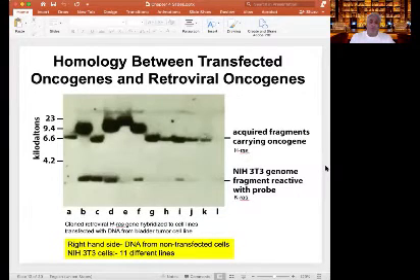So these are results from experiments where probes are used to identify, along these gel lanes, various molecules by hybridization. You can see here, the scale on the side is in kilodaltons. So this is the size of the DNA fragments.